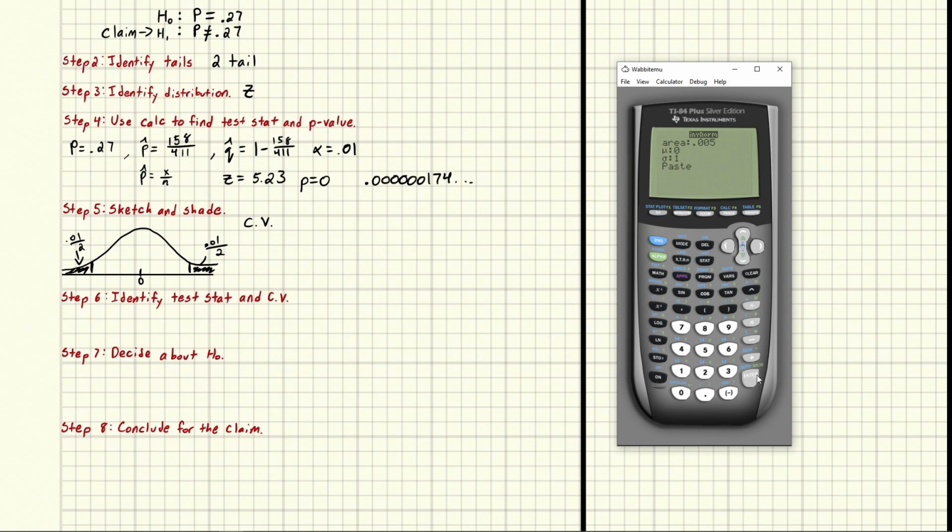That's always the case for z-scores. We hit paste, enter, and we get our critical value. So we take the plus and minus because the distribution is symmetric. Negative 2.58 if we round, and then plus 2.58. So all right, we found our critical value.